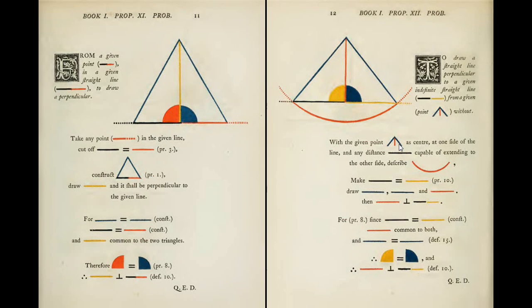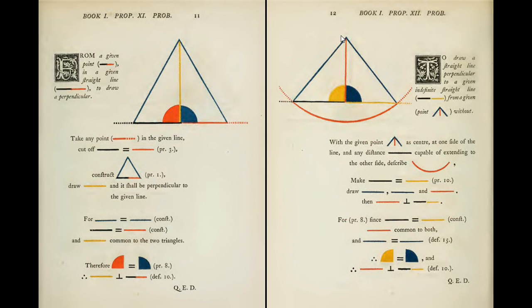So we're taking this as a center, at one side of the line, and any distance capable of extending to the other side, describe a circle.